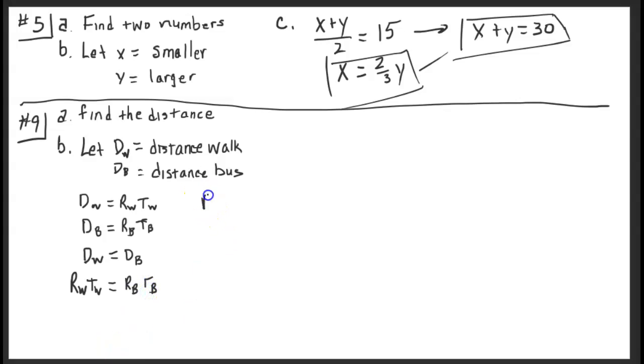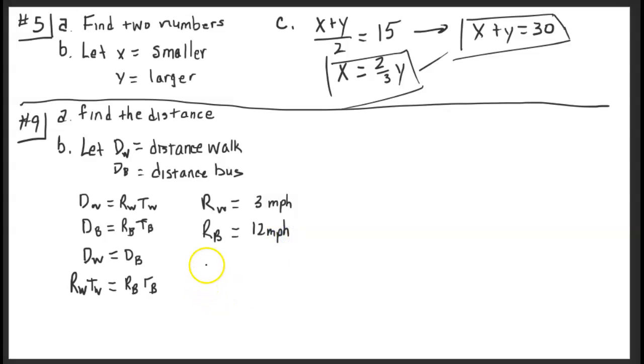Okay? So what is the rate walked? Well, the rate walked is 3 miles per hour. The rate bus is 12 miles per hour.